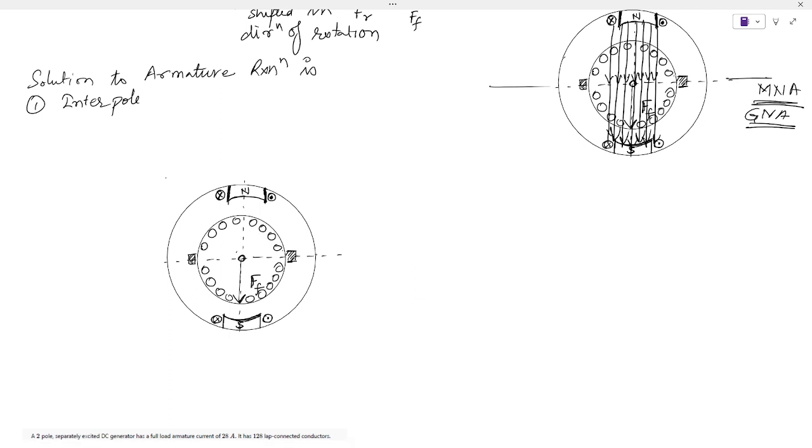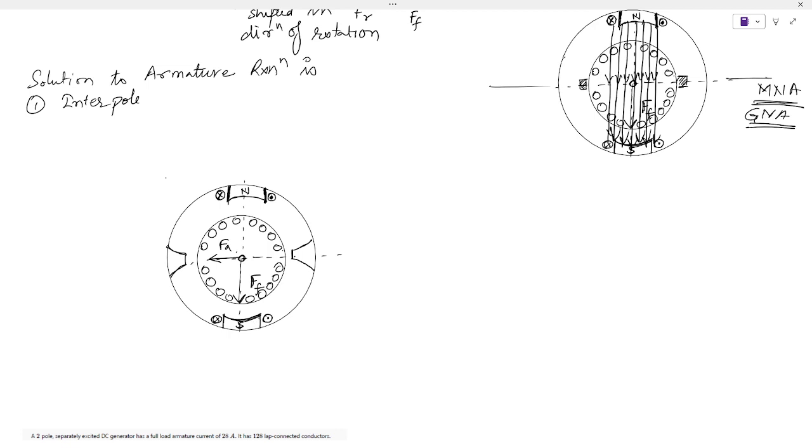So what we will do: you saw that the armature flux Fa is this way. Interpoles are long, narrow poles with the polarity of the incoming pole under generator action and of the outgoing pole in motor action.